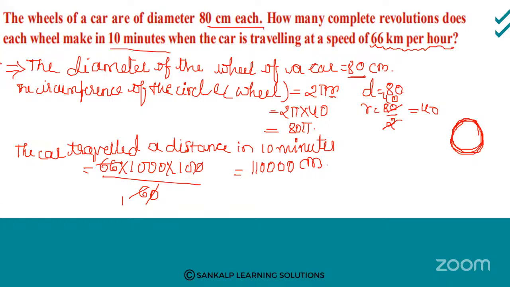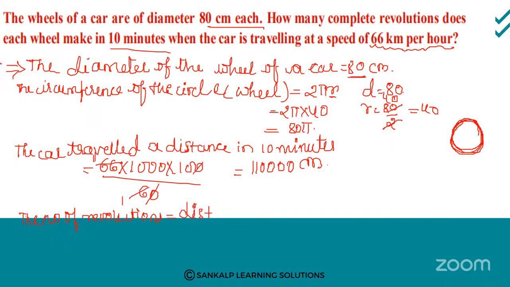Next, how many complete revolutions? That means the number of revolutions we need to calculate here. So the number of revolutions is equal to distance.